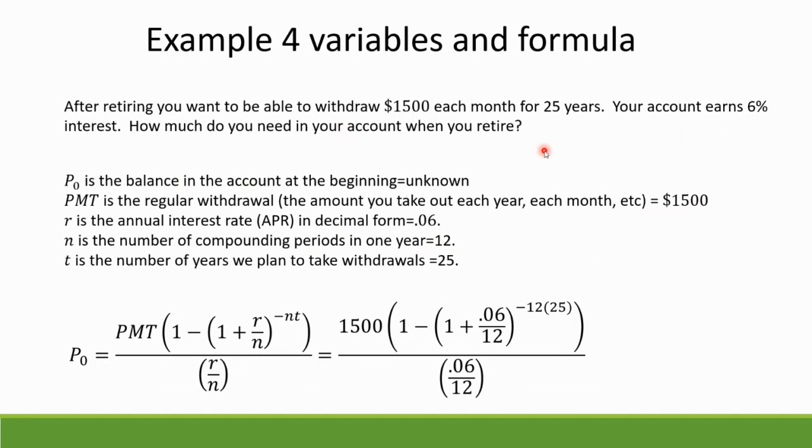Unless stated otherwise, it's compounded as often as we withdraw money, and we're withdrawing monthly. So it's compounded monthly, 12 times in a year. And the number of years we take withdrawals is 25 years. So we put that into the formula and we calculate, as you can see.